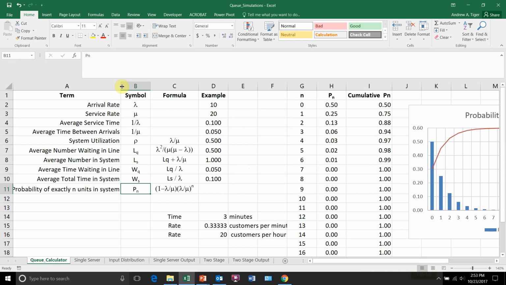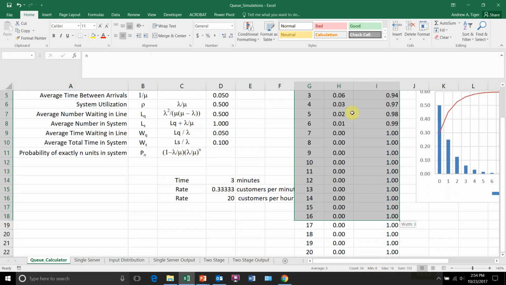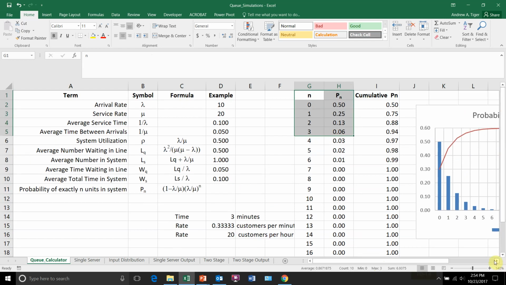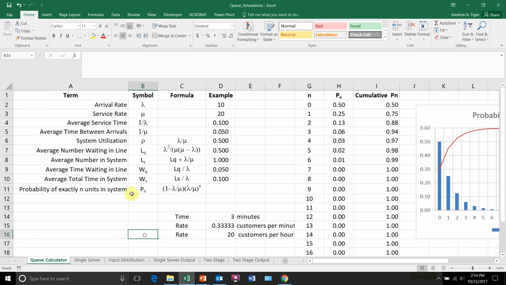The last one is the probability of exactly n units in the system. And by far the most important one is when n is equal to 0. That's what this table and this graph are. This gives me the probability of 0 customers in the system, the probability of 1 customer in the system, 2, and so on.